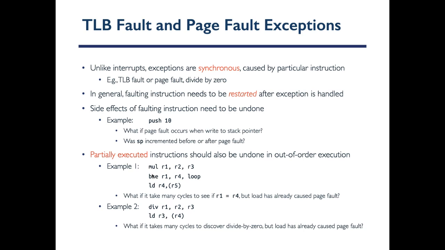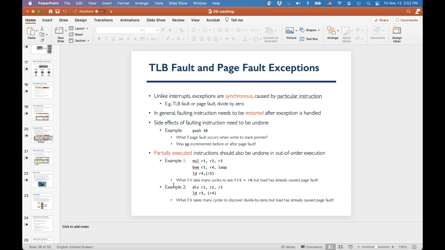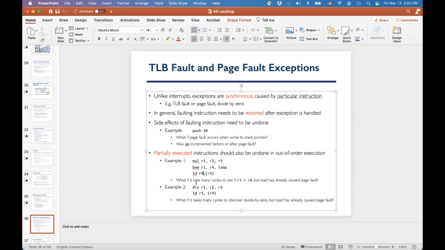And then you're saying branch if R1 is not equal to R4, branch to loop. And then after this, you're loading something to R4. Let me make this 5 and 6, so that there's no dependency whatsoever between these instructions.